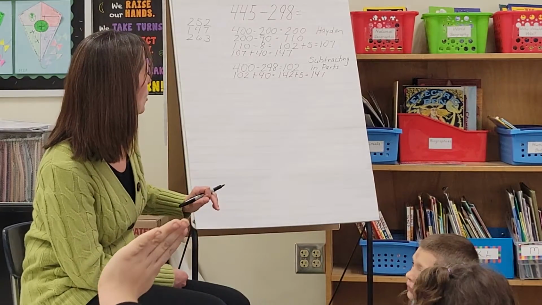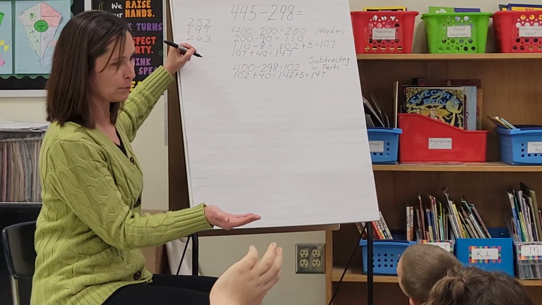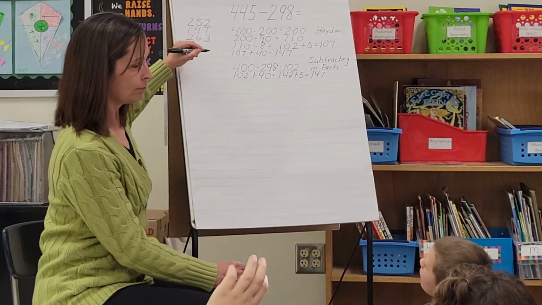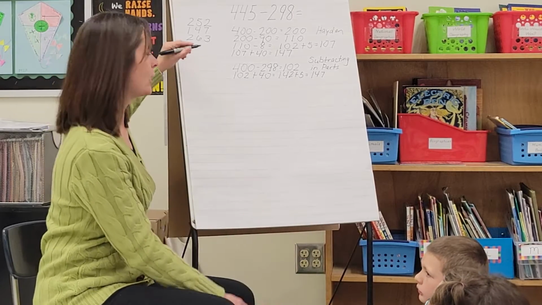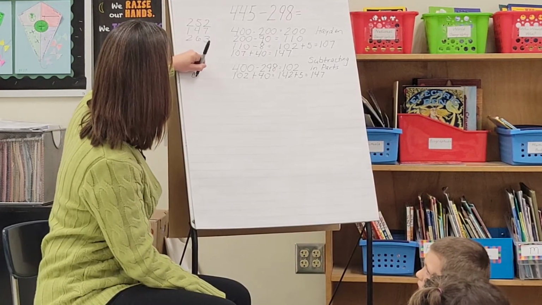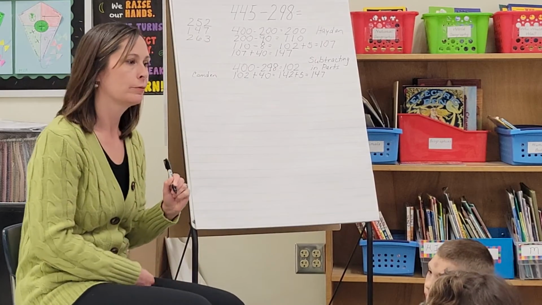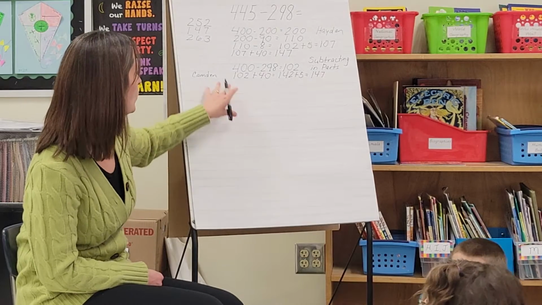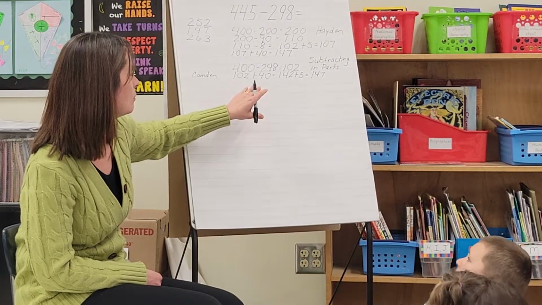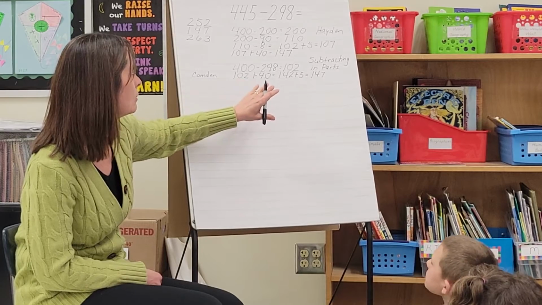Okay, so this was Elijah's strategy and Camden's strategy, kind of? Not really. Oh, okay, but it made you think about it? Yeah, because Elijah said the 298 was a 300, and then he does something. Okay, so what about Camden's strategy? Because he didn't really subtract in parts like Aiden.